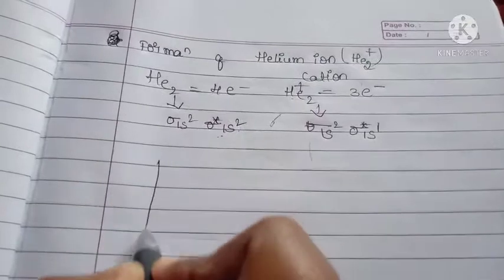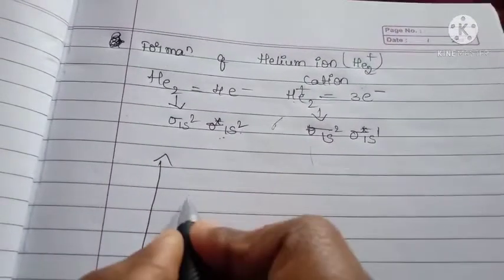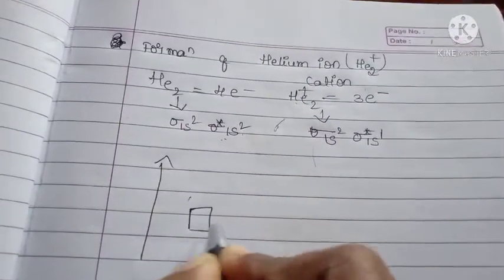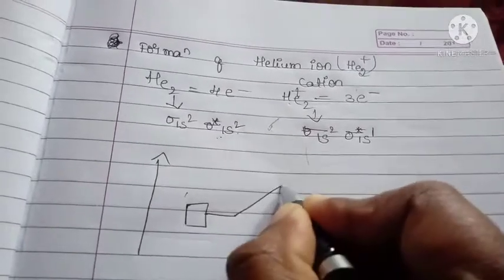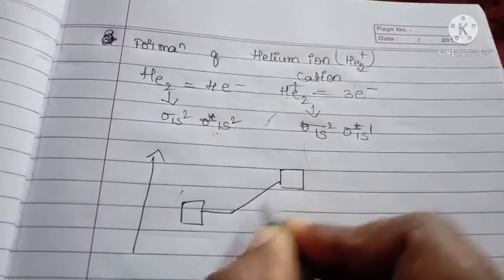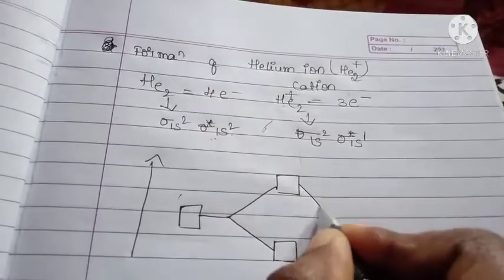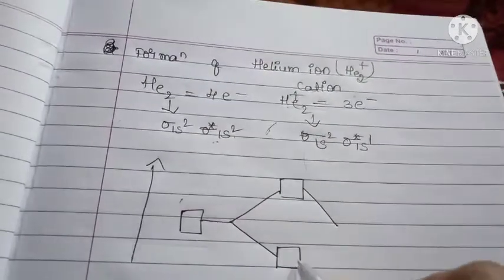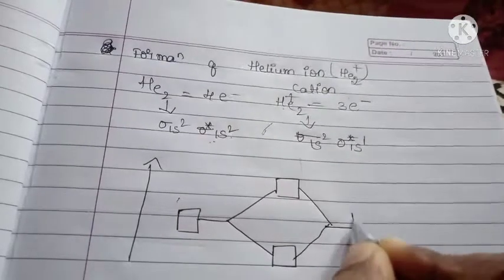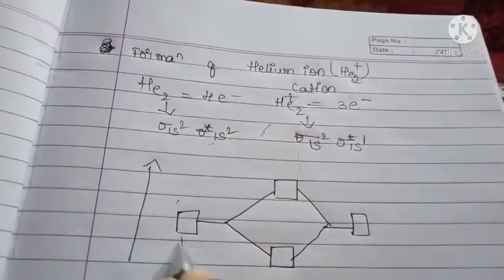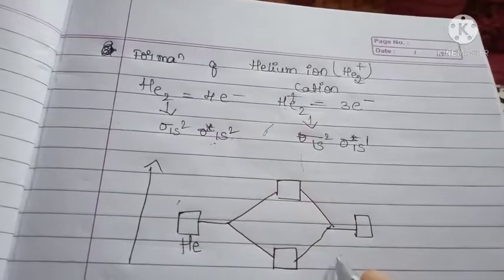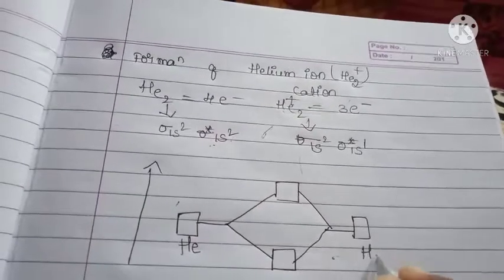Then the energy level diagram is: this is the helium, this is the helium.